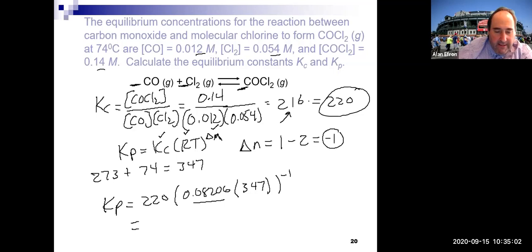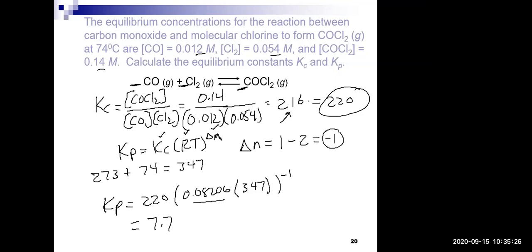And we will end up with 7.7 in this particular case. If you didn't round, you obviously will end up with a slightly different number there, and that probably would be okay, but you should try to hit the right sig figs when you're doing it. I think you get 7.6 if you didn't round.